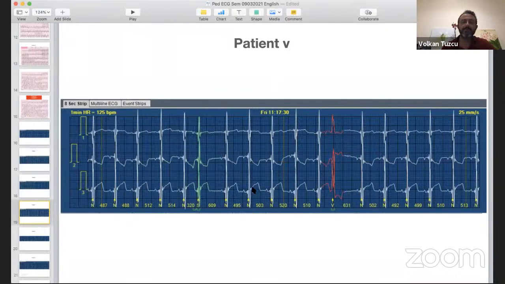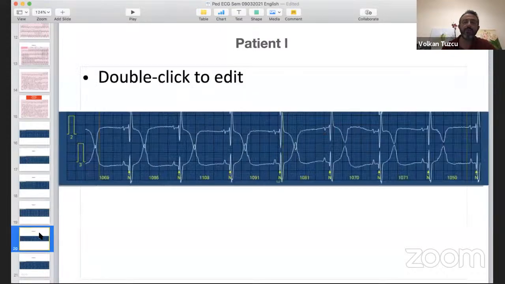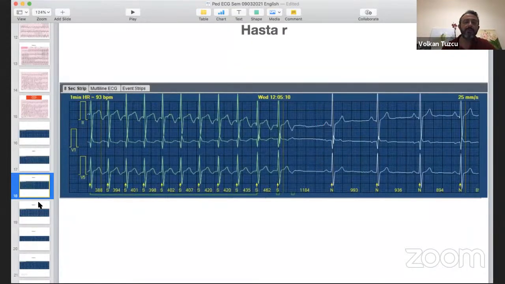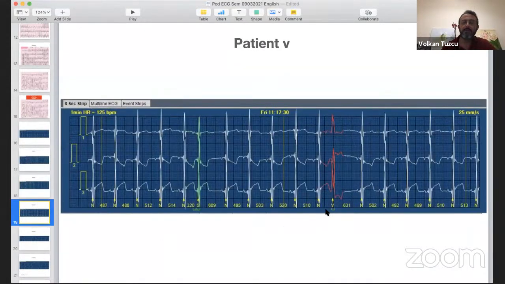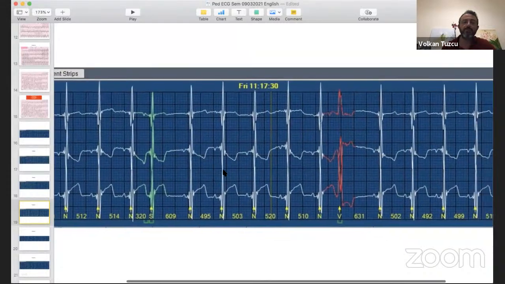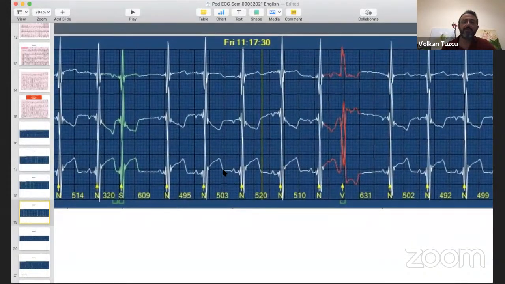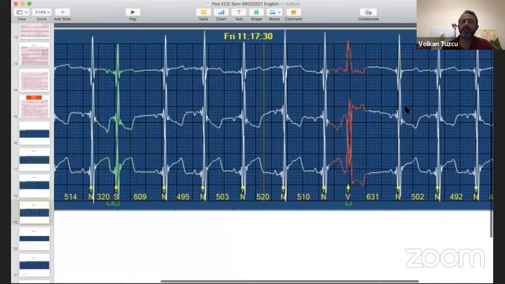So what do we see here? Sinus, most likely sinus, we don't know, a 3-lead Holter, and then some extra beats. Let me see, do we have more? No, it looks like we have only one rhythm strip. All right, so we have 2 extra beats, and what are they? Let me zoom more, so you see better, I hope.